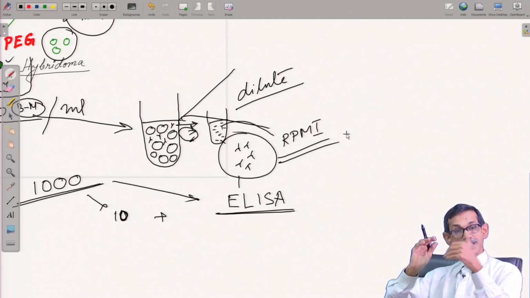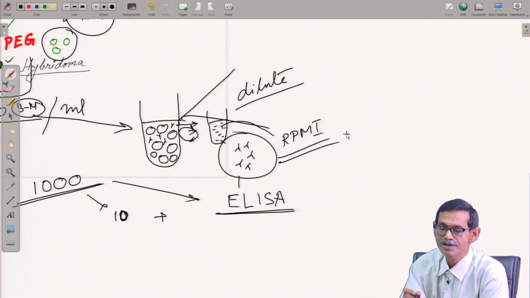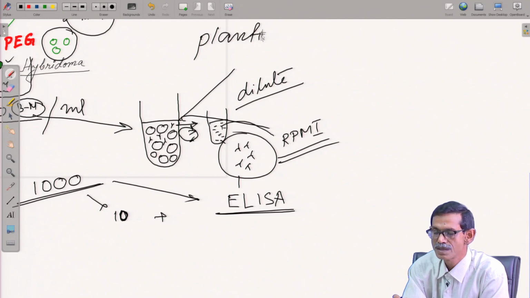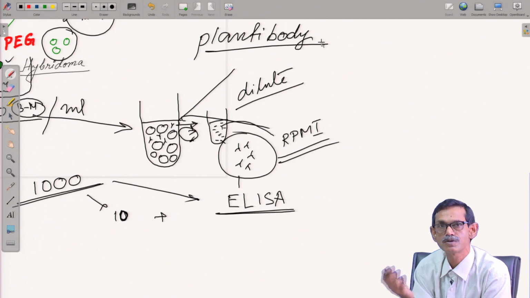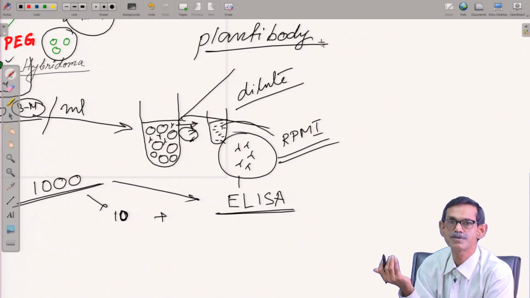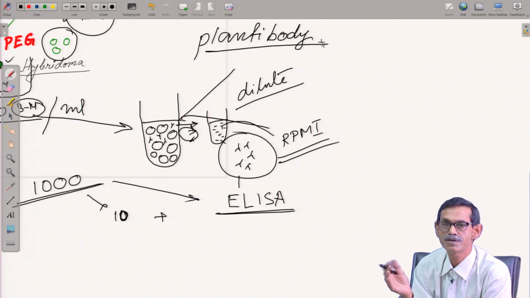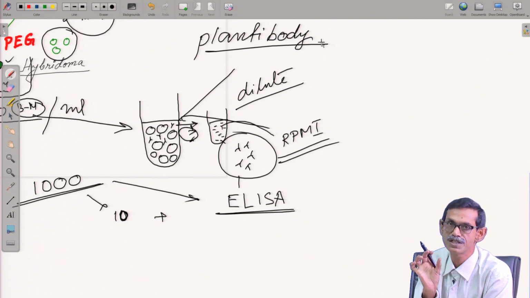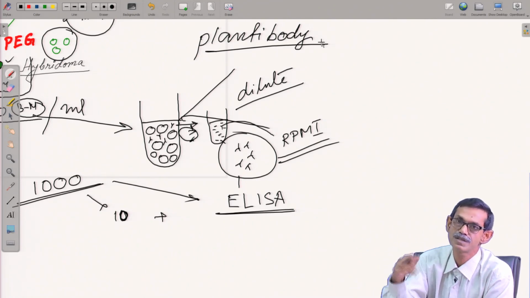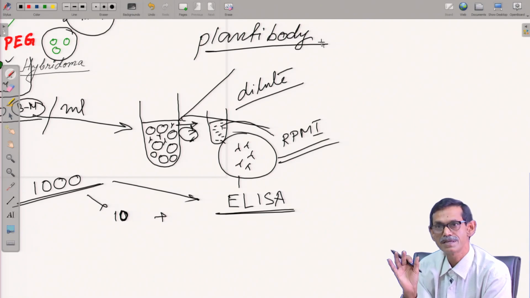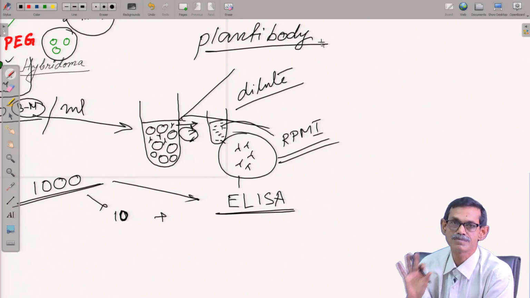If we express the antibody in plant, there is a very nice name, it is called plantibody. You grow the plant and purify the antibody from total plant protein. You do not have to go for cell culture, you clone the gene in plant, make a transgenic plant with a particular antibody. It is not that easy, but possible.